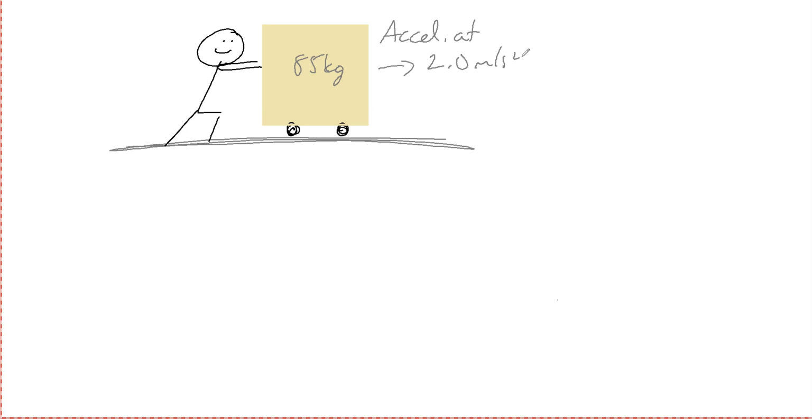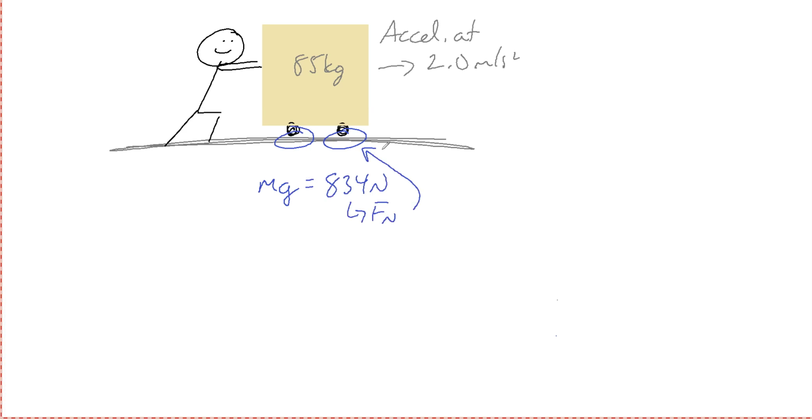The force of gravity is pulling the box down, so there's normal force between the wheels and the ground. If we just did the mg for the box, 85 times 9.81, the weight of the box is like 834 newtons. So that would be the Fn right there.